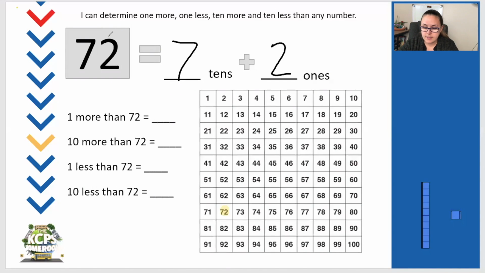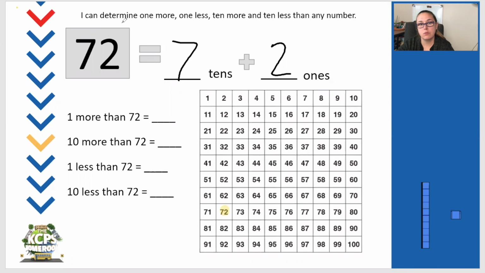So we've highlighted 72 on our hundreds chart. Now we can talk about 1 more than, 10 more than, 1 less than, and 10 less than. So when we're talking about 1 more than, we need to take 72 and add 1 to it. On the hundreds chart, can you tell which direction I should move?